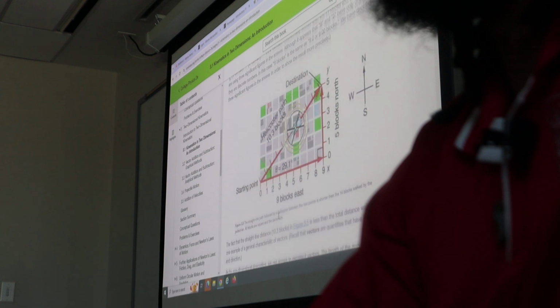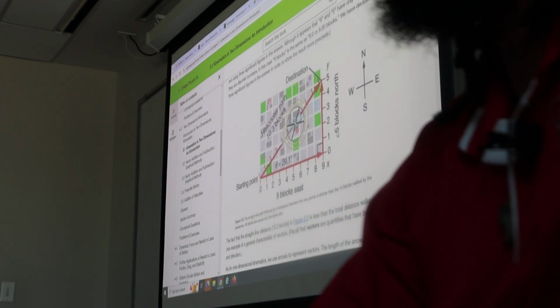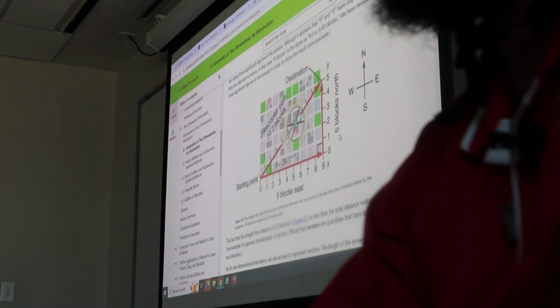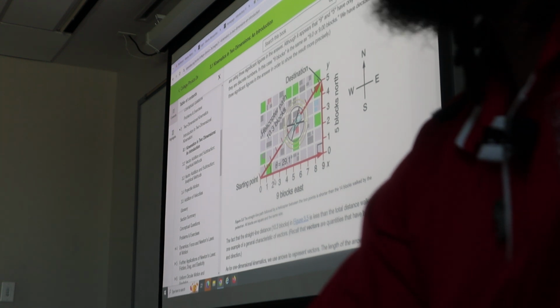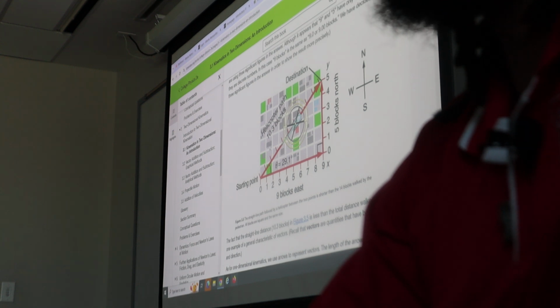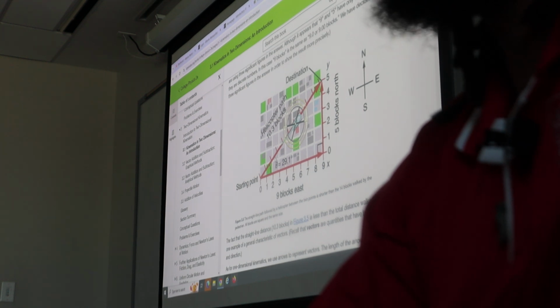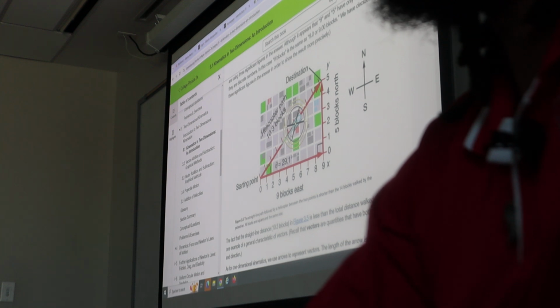So this is saying 9 blocks plus 5 blocks, that's gonna be 14 blocks, as opposed to going on a straight line path. I could walk 10.3 blocks. So straight is always going to be better, but the application of this is a helicopter.